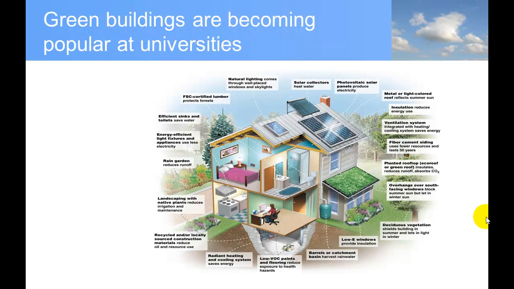Here are some examples of green building techniques that are becoming popular in universities. These include solar collectors to heat water, photovoltaic cells to produce electricity, metal or light-colored roofs to reflect the summer sun to reduce the need for air conditioning, natural lighting systems, FSC forestry-certified sustainable lumber, efficient sinks and toilets, and a rain garden that collects rain runoff and uses it to grow plants.